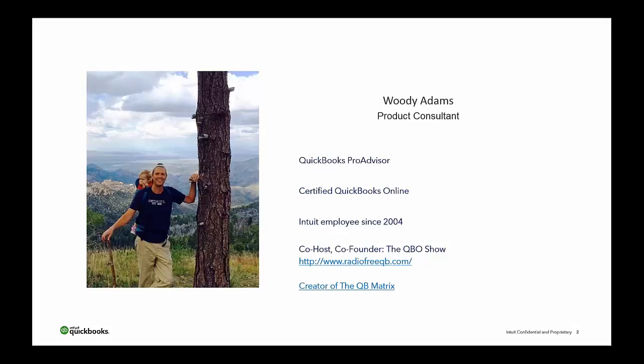I've been with Intuit since '04, and I'm still doing the QBO show, formerly Radio Free QuickBooks, with Stacy Kildall. That's a bi-weekly show. You can find out more about that at radiofreeqb.com. And feel free to check out the QB Matrix. It's an online spreadsheet that attempts to compare the QB ecosystem, Pro, Premier, Enterprise, the Accountant Editions, QBO Essentials, Plus, across about 135, 140 different feature sets.